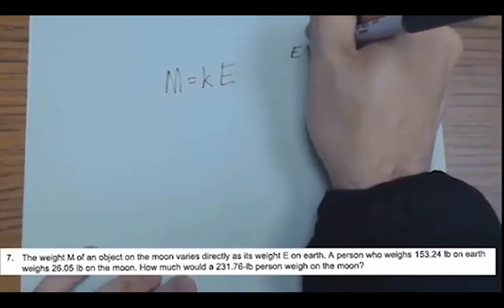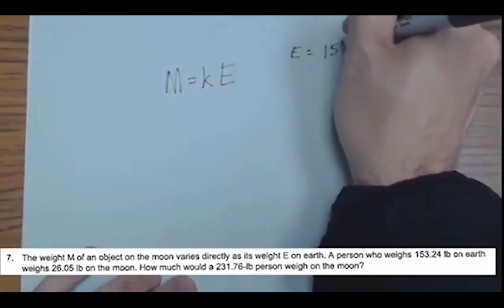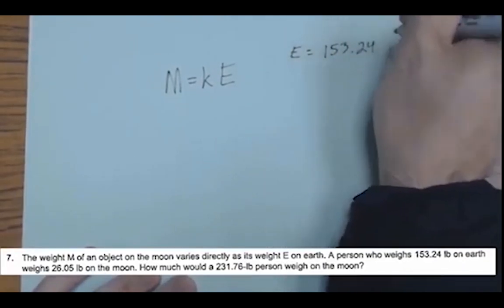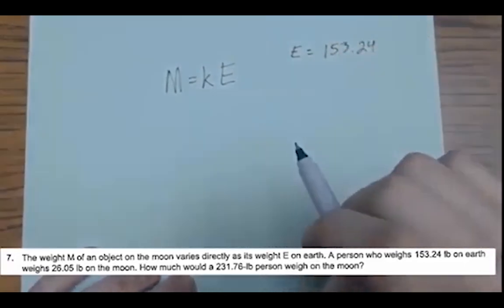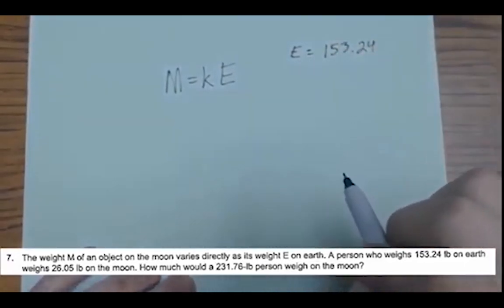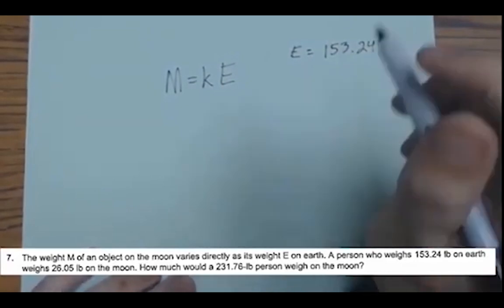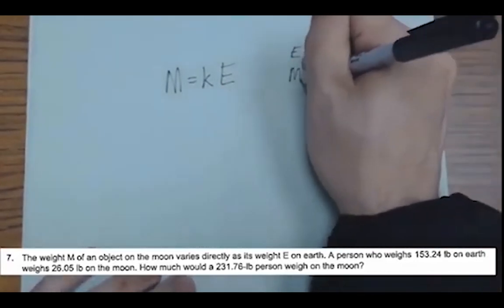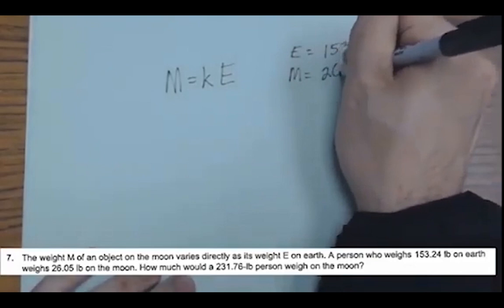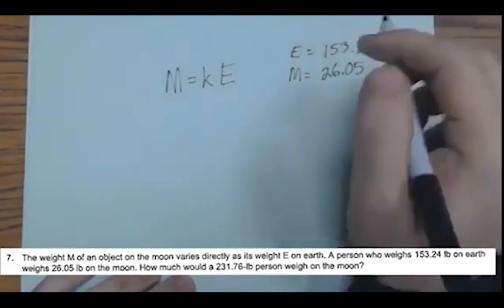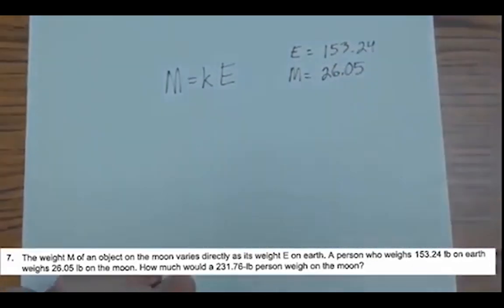A person who weighs 153.24 pounds on Earth, so when e equals 153.24, they weigh on the moon 26.05 pounds. So m is 26.05.